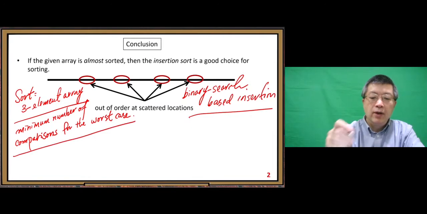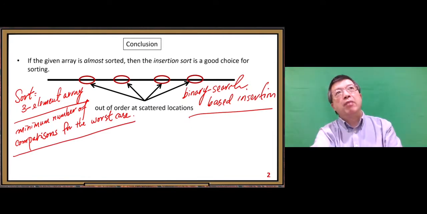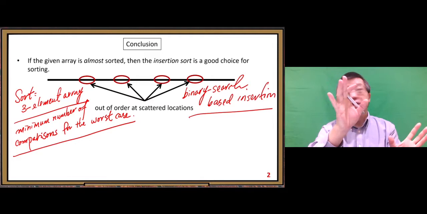Can you find it? What is that number? Minimum number of comparisons for the worst case, not the best case.